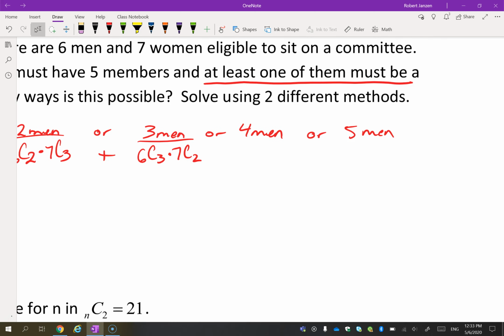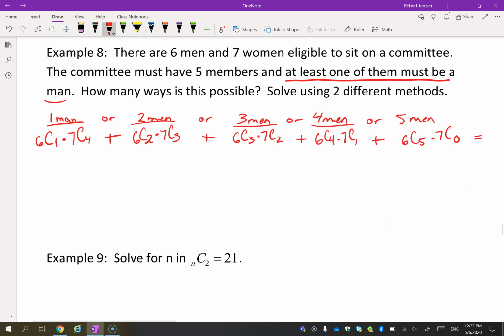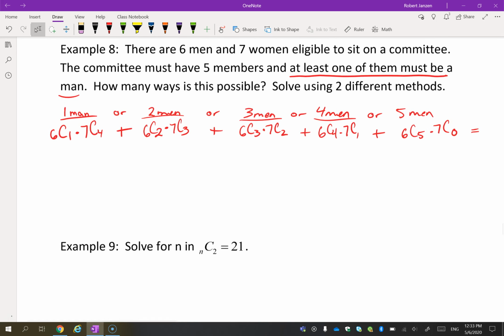Or 6 choose 4 and 7 choose 1, or 6 choose 5, 7 choose 0. Okay, now you can do it that way. That works. Nothing wrong with that. But there are lots of calculations. It's possible that you get something wrong. But that's option 1. Let's try another way.